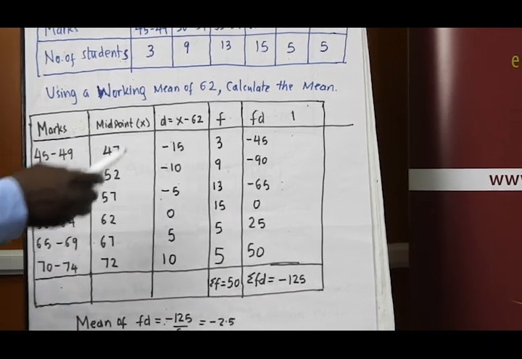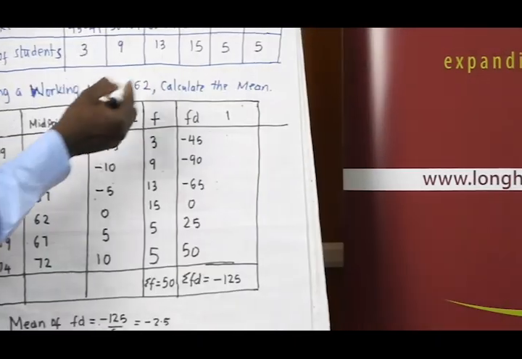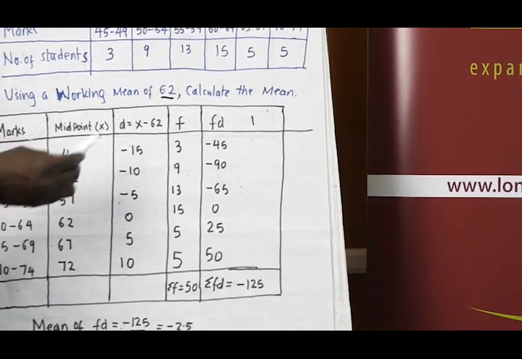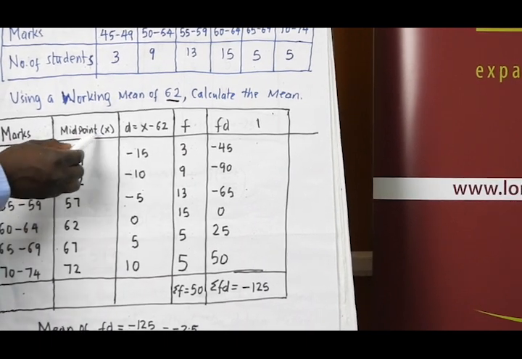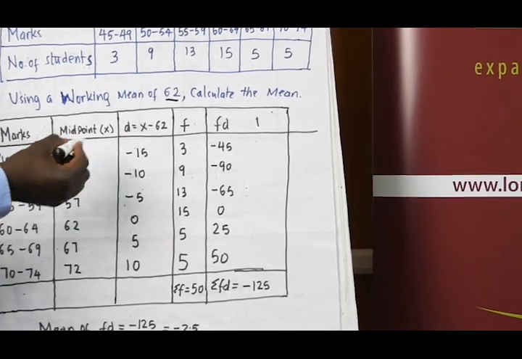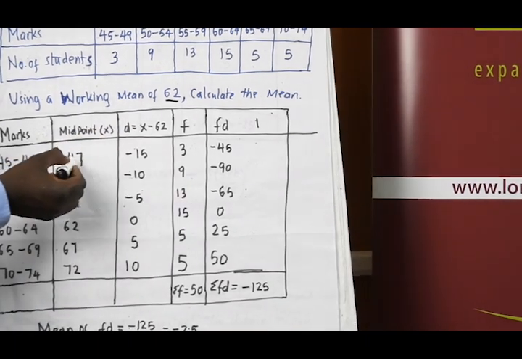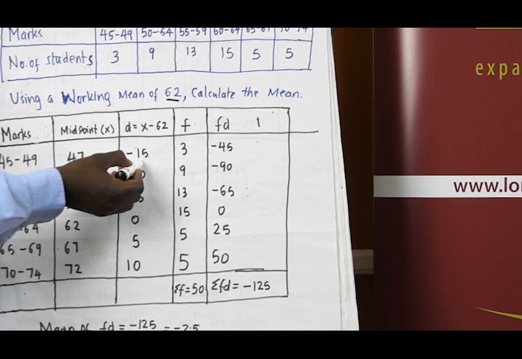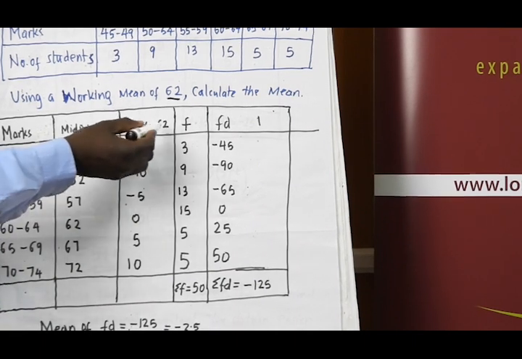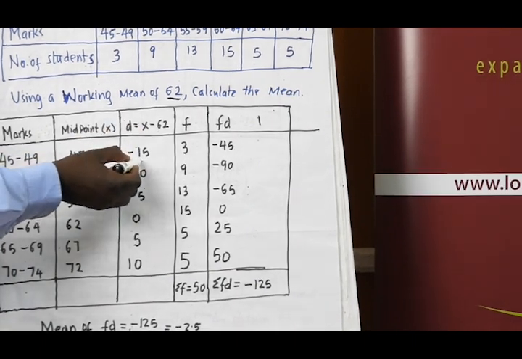Next, we need the deviations from 62, our assumed mean. So deviations of the midpoint, which I'm calling x, minus the assumed mean. In the first case, x is 47 minus 62, I get negative 15.